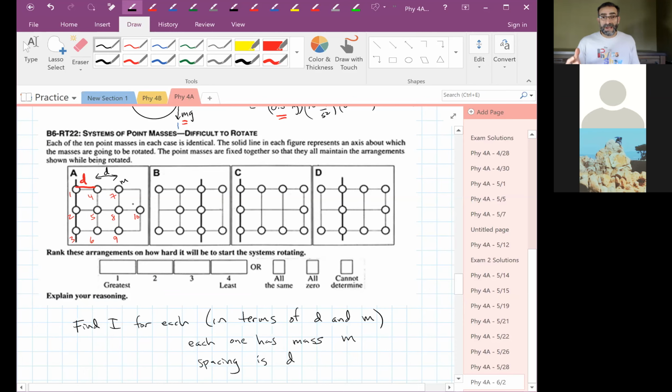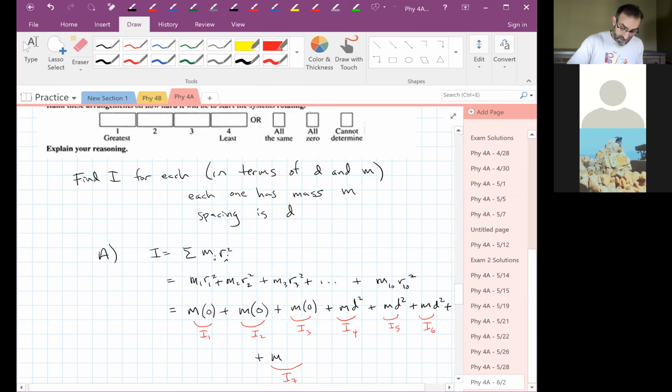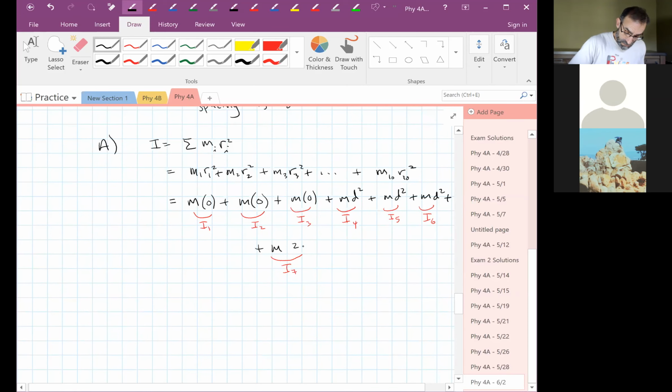And we're going to square the distance to the axis of rotation. So it's 2D quantity squared. Same for 8 and 9.